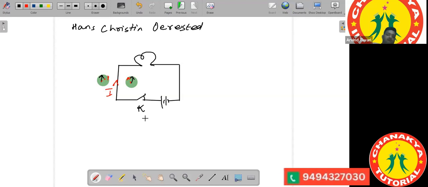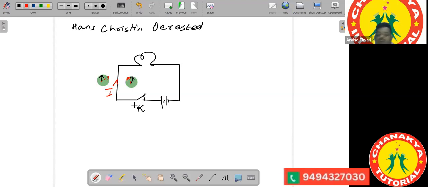That means there must be some relationship between current and magnetism. So he found out that the source of magnetism is the current. When current is passing through this wire, some magnetism is being generated by this current.